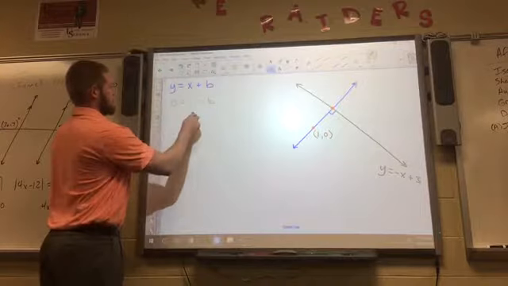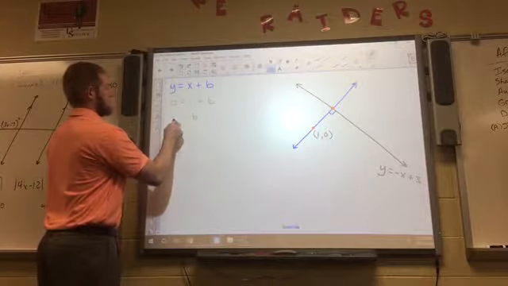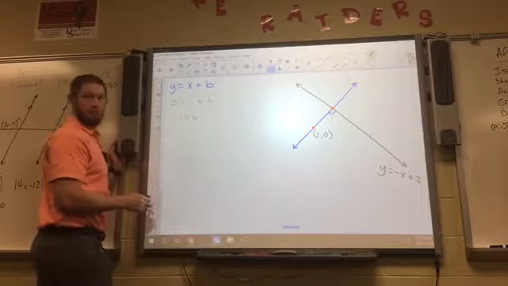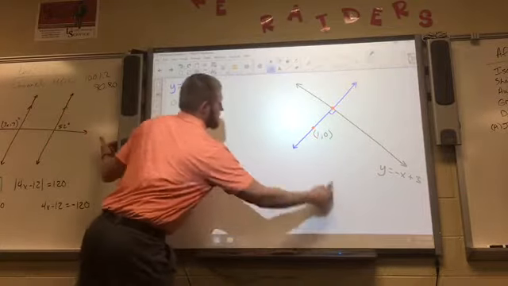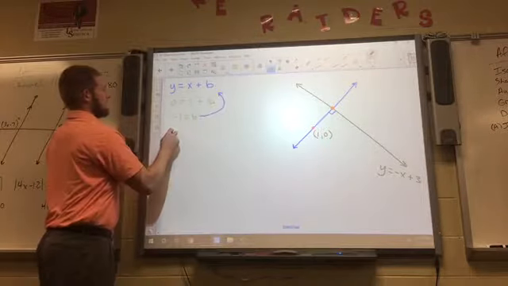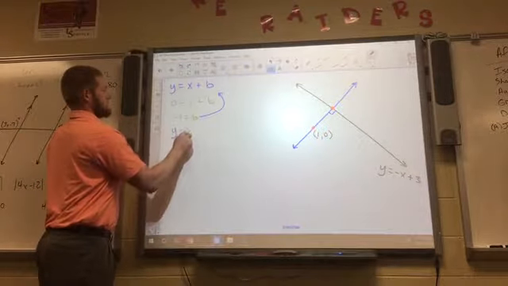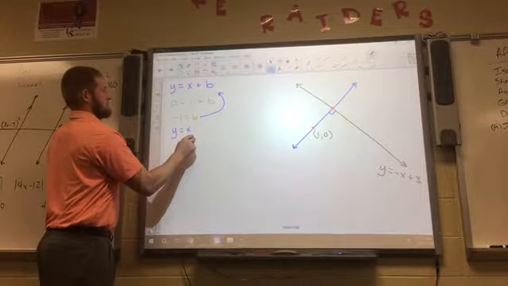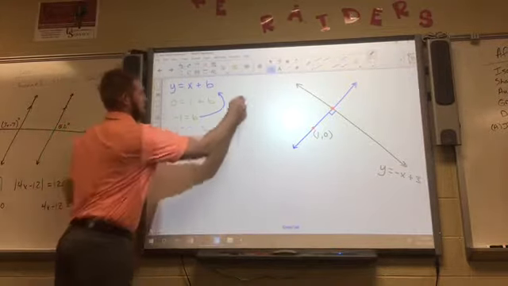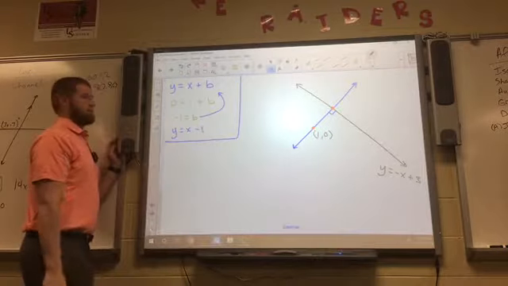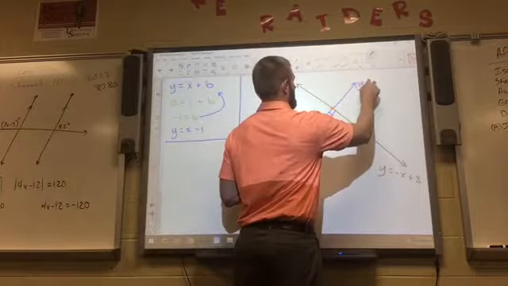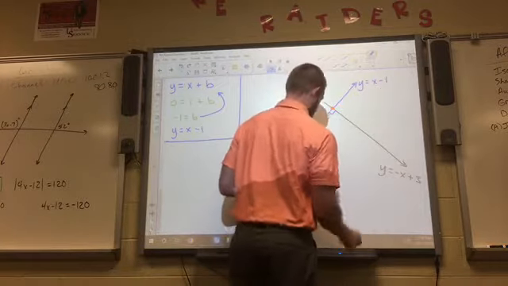Move the 1 over. b equals -1, just like what we did yesterday. So the equation of my blue line, after I plug this back in, is y equals x - 1. That's step 1. Find the equation of your other line. So my other line is y equals x - 1.